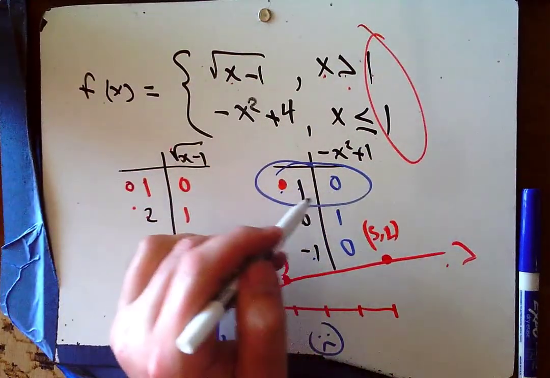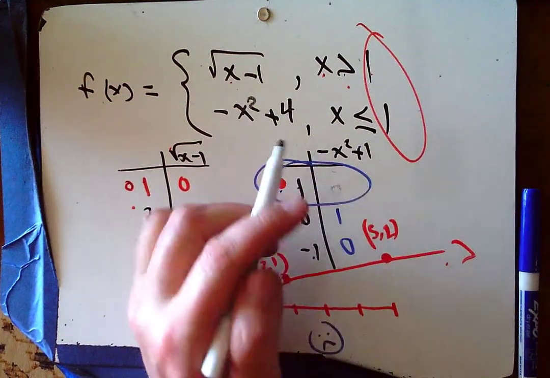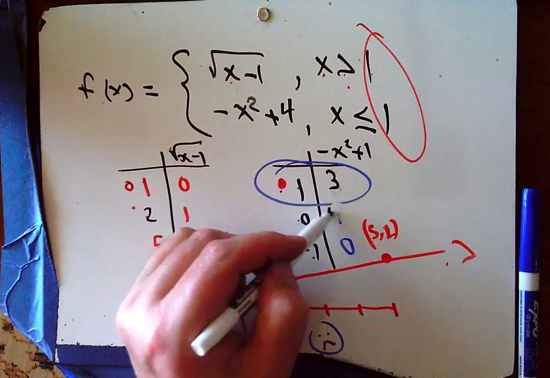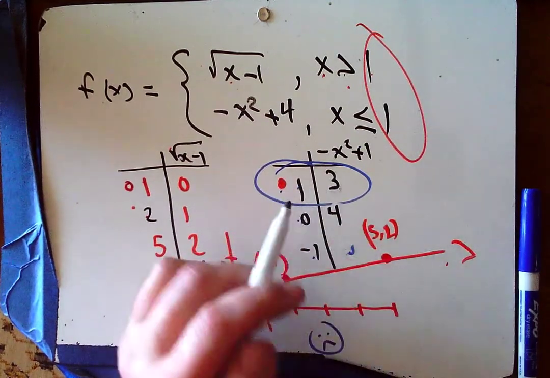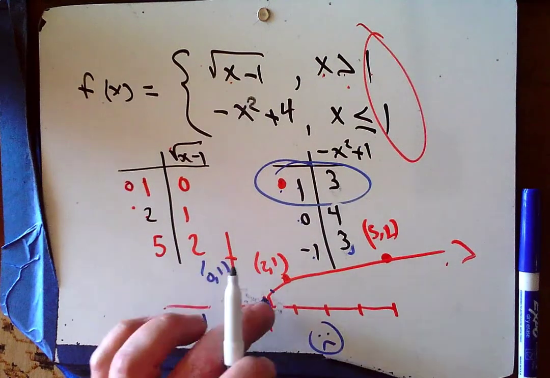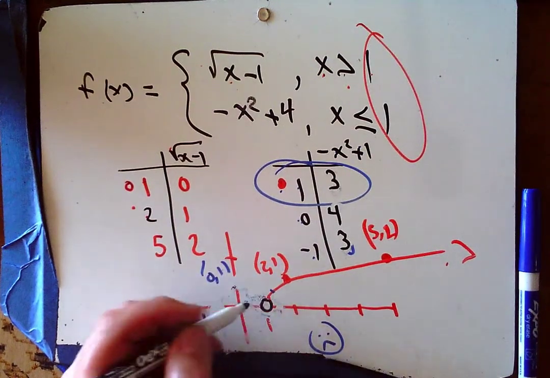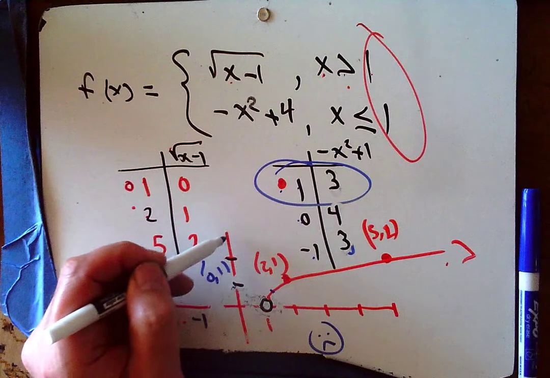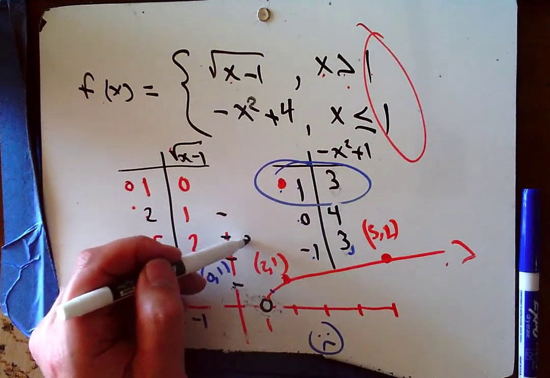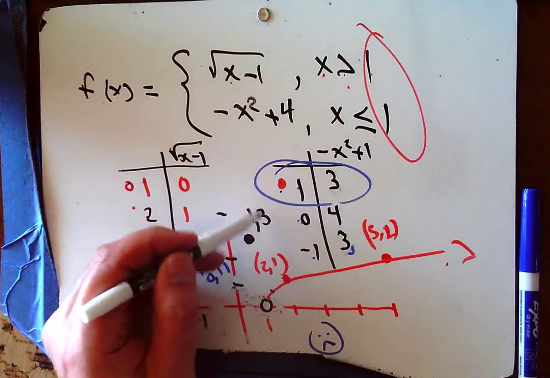So that would change things over here. I plug in a 1, I get 3. I plug in a 0, I get 4. And I plug in a negative 1, and I get 3. So now our graph still has a hole here. But at 1, I have a closed circle at 3.